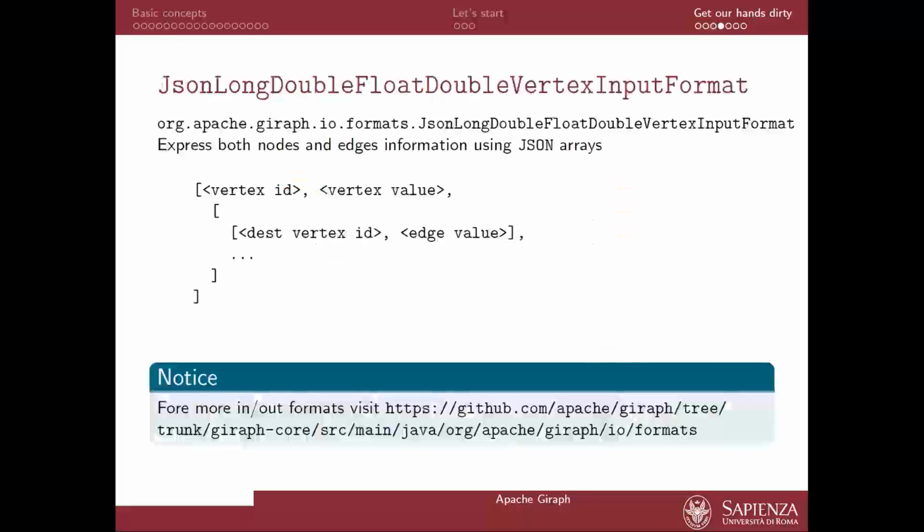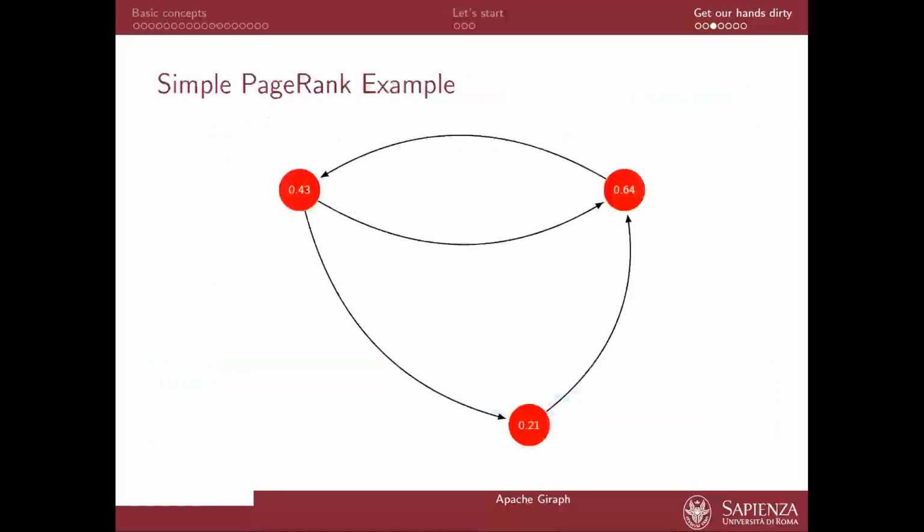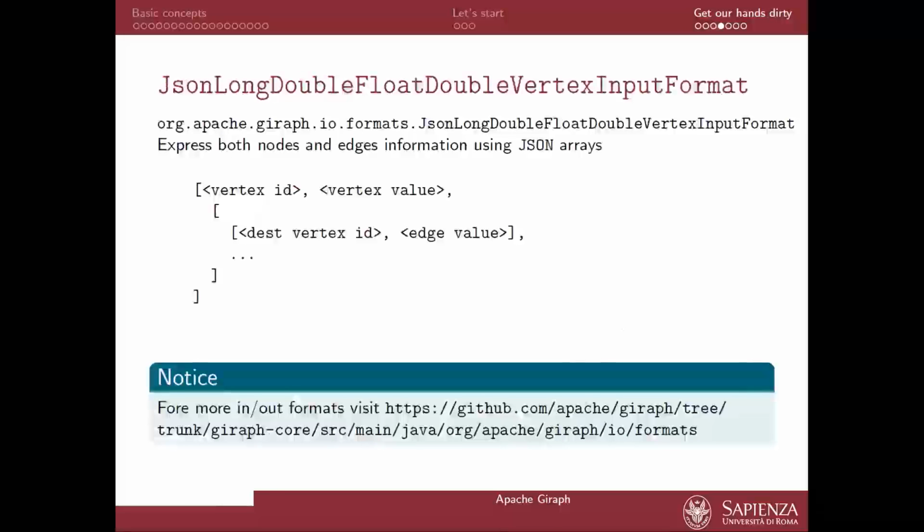In order to implement this example in practice, we need another input format for Apache Giraph, because now we also have to take care of the weight of each edge. So we can use the JSON long double float long double text input format that is going to represent an input graph as a JSON array. In particular, in this format, for each vertex we have an ID, a value, and in order to represent the outgoing edges, there is an array of destination vertices.